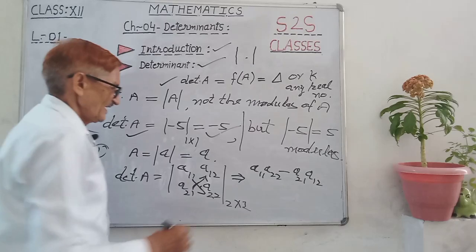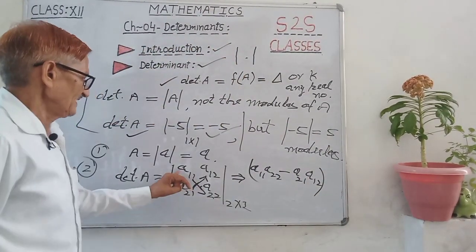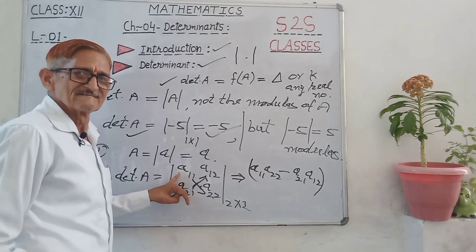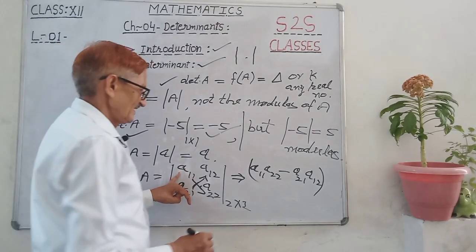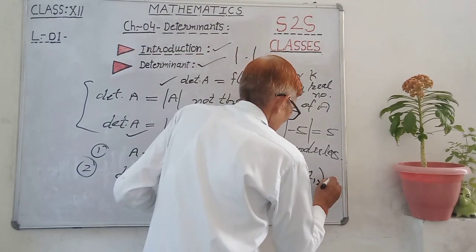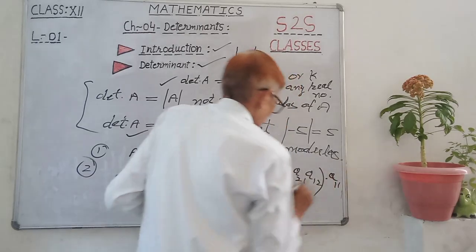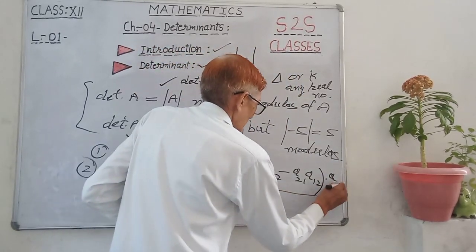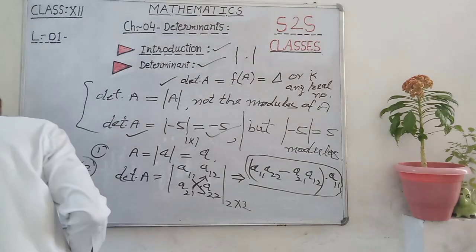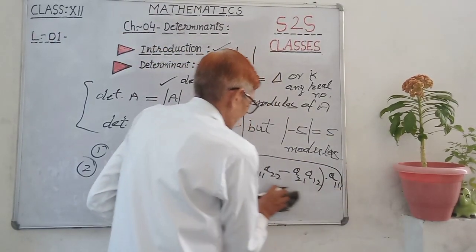Okay, and now expanding into this element, into element A11, this, plus forward. This is along R1, I am expanding.